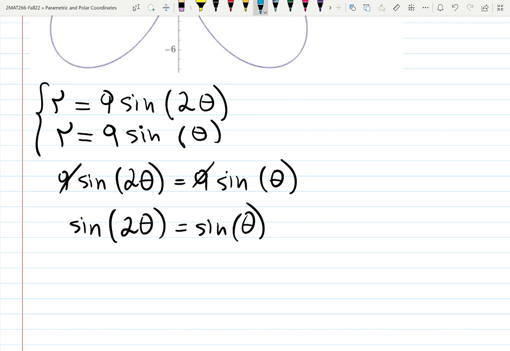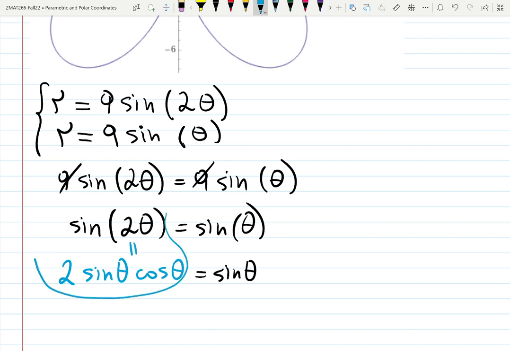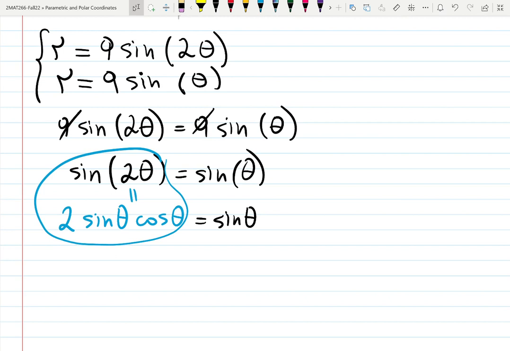The formula says that sine 2 theta can be written as 2 sine theta cosine theta. That's actually the double angle formula. Equals sine theta. And yes, we assume you know this formula. If you don't, now you do. Put it somewhere in the list of formulas you need to know. That comes from trigonometric classes.